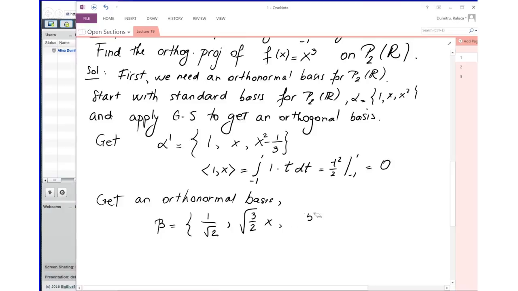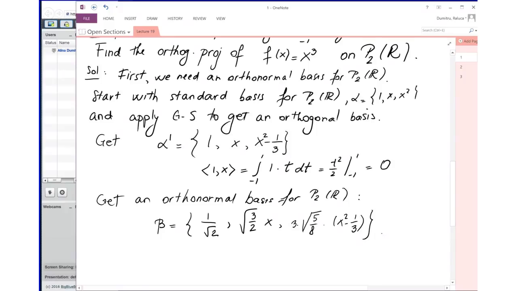Now the cube root is 3 times square root 5/8. All right, so we got an orthonormal basis.